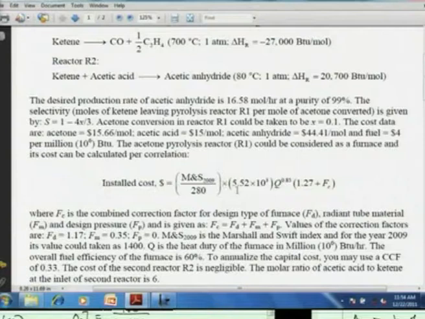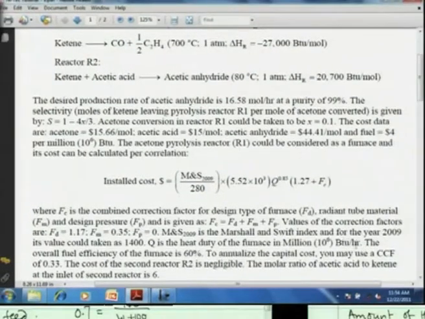This cost index into 5.52 into 10 to the power 3 into Q, which is the heat load in MMBTU, million BTU, Q raised to 0.85 into 1.27 plus Fc, where Fc is the combined correction factor for the design type of furnace.